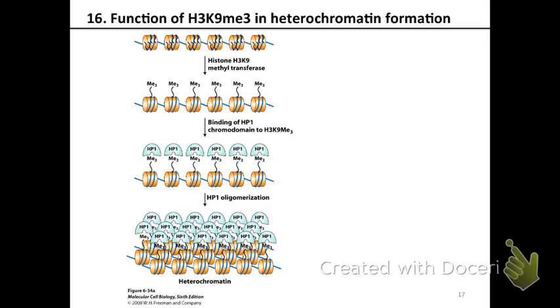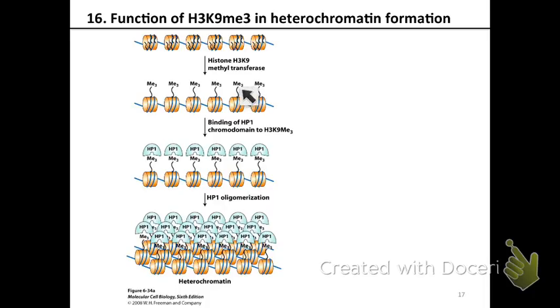Okay? So it happens that certain regions of the genome need to be silenced or compacted. What is going to happen is that you're going to have these nucleosomes in the genome, and an enzyme called H3K9 methyltransferase, so this is a methylase, right, is going to come in, and it's going to methylate the H3K9.